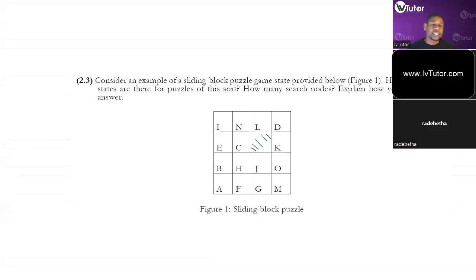And then maybe from A to, I don't know, the 16th letter or whatever the case is, right? So at any given point in time, you can have up, down, left, right. You see, so this space can move up, it can move down, it can move right, it can move left, right? So how many search nodes? You're going to have 4 search nodes, right?